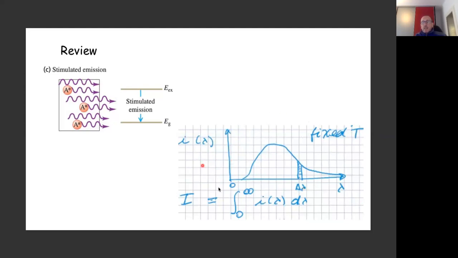This is a key thing in global warming, actually. I didn't say that last time, so I'm going to mention it now.